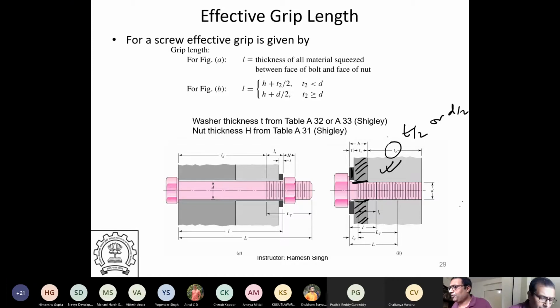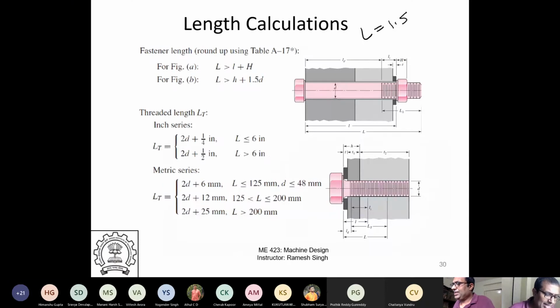Whatever is being compressed, which is basically this plate and the washer, everything combined gives you the effective grip length. We'll use this concept in figuring some things out. Then L is greater than L plus H. All this you could look at. L has to be greater than L plus H because otherwise it will not screw.